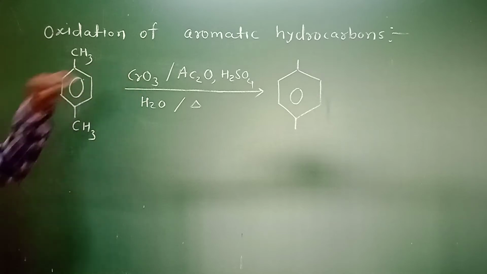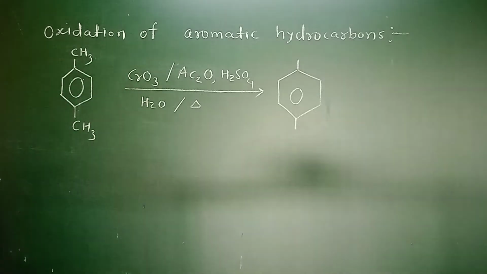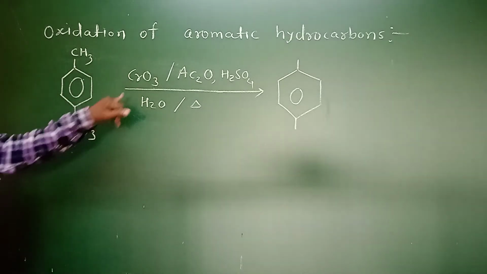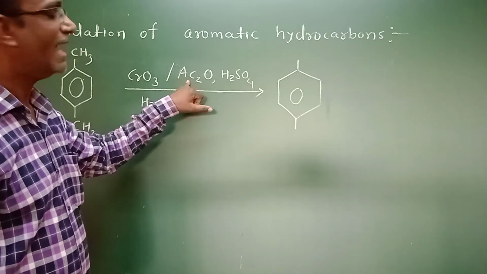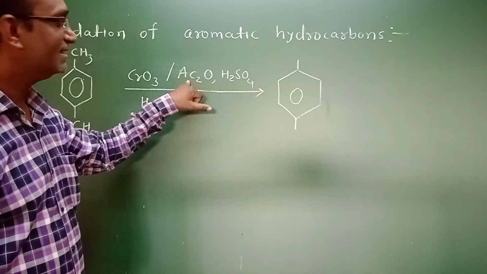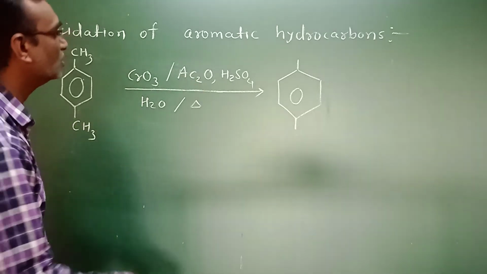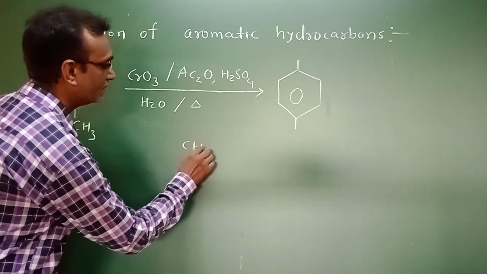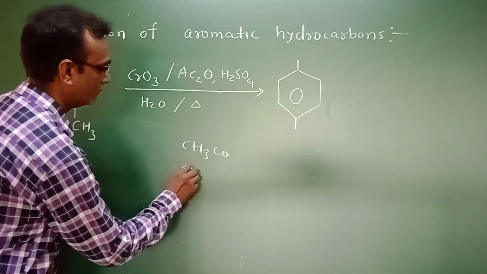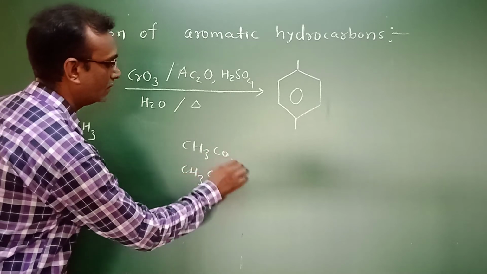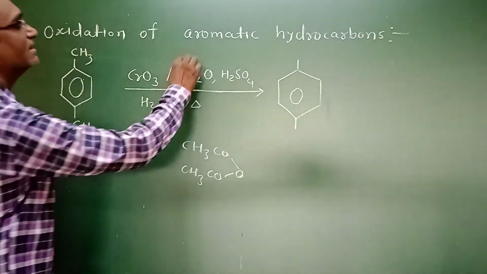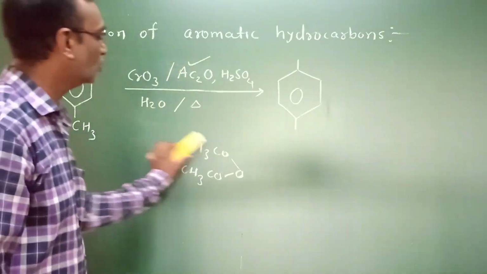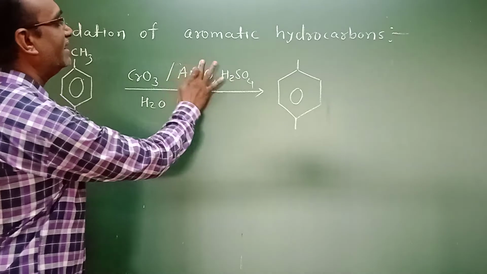Here, chromium oxide is used, with acetic anhydride, CH3CO, CH3CO, that means this one, and oxygen is linked with it. This is the Ac2O, so acetic anhydride.